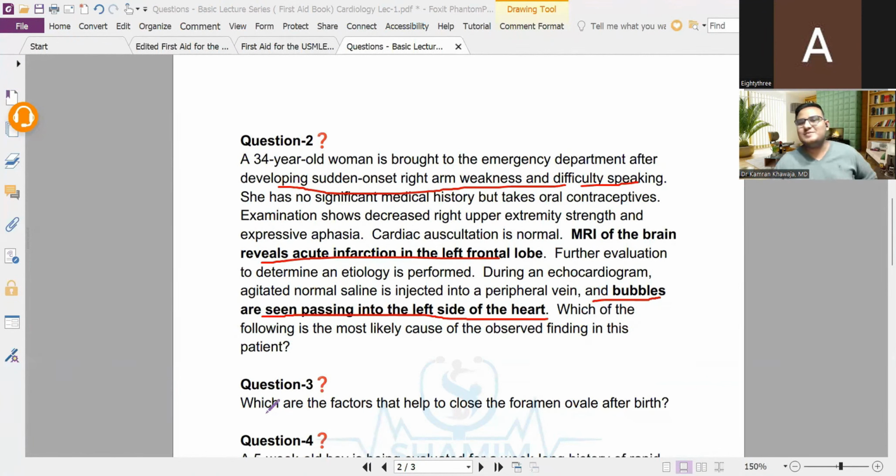Okay, Dr. Evan, you are telling me paradoxical embolism, but tell me the reason. Any volunteer who can unmute and just tell me. Okay, DVT caused paradoxical embolism due to patent foramen ovale leading to stroke.